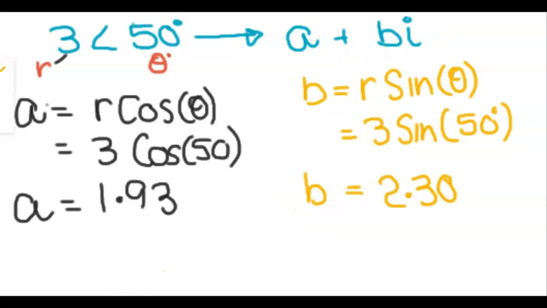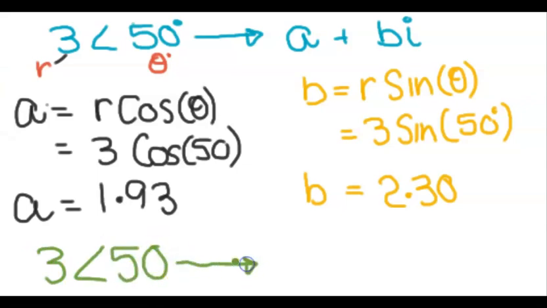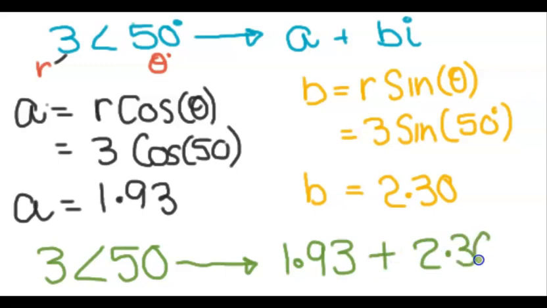So then I'm going to say that 3 angle 50 is actually equal to 1.93 plus 2.30, but I need to put an I there because the I represents the complex, and that's your answer to convert the polar into the Cartesian.